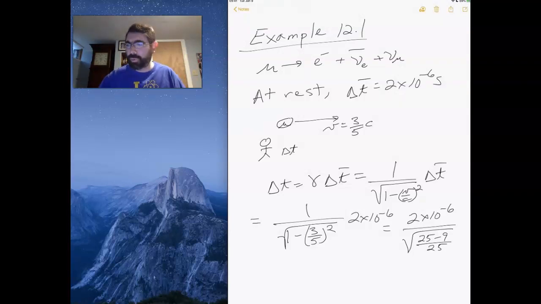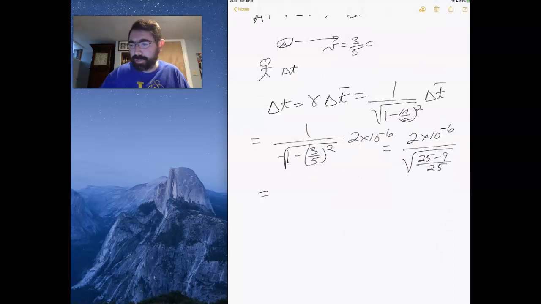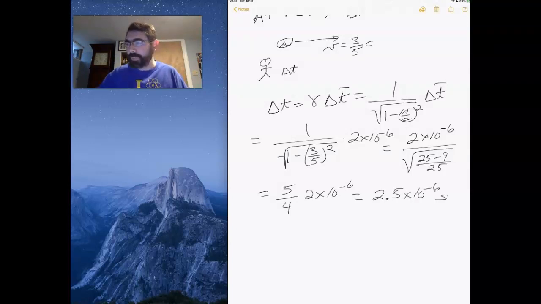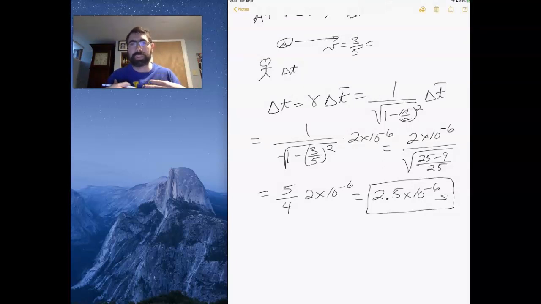Square root of 16 is 4. So what we get is 5/4 of the decay time, or 2.5 times 10 to the minus 6 seconds. And so the time now takes longer. Time slows down, and it takes much longer from my perspective when I measure the decay time of the muon.